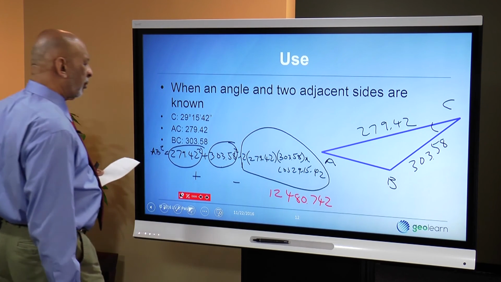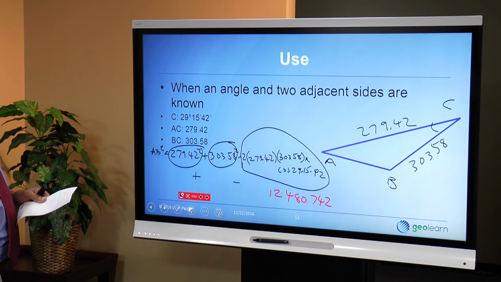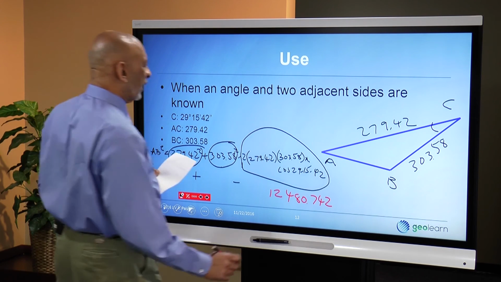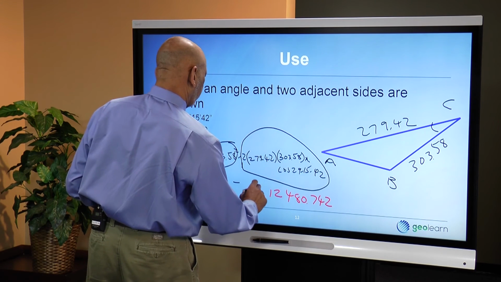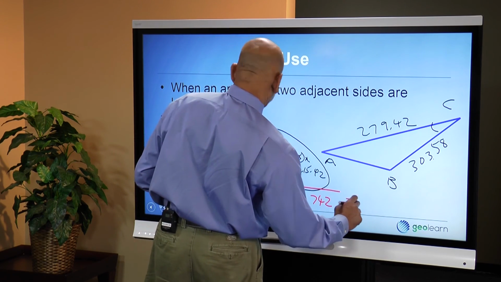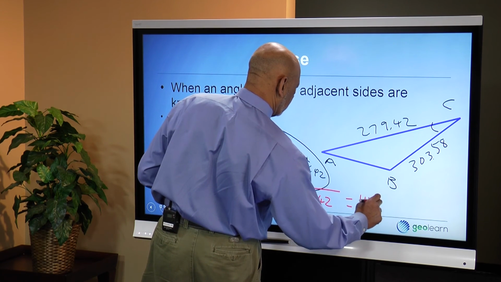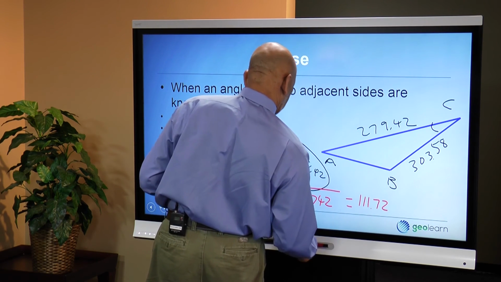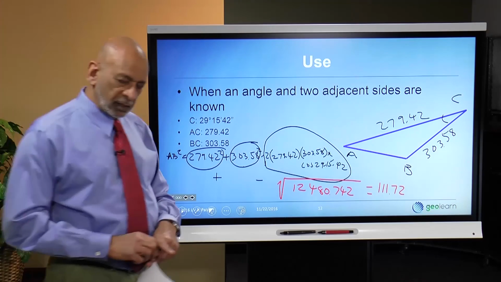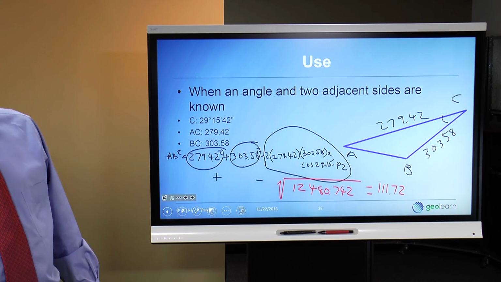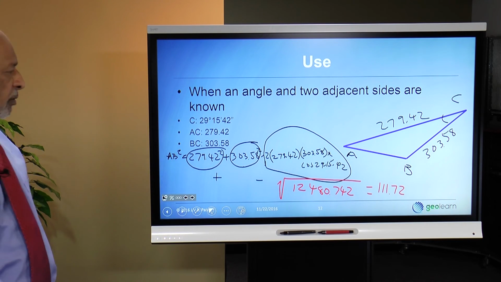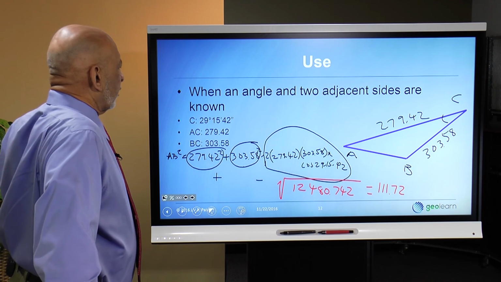I like to carry my intermediate calculations out 1 or 2 decimal places, and then when I take the square root of that, I get side AB, which turns out to be 111.72. And you notice that I didn't use any units, because this could have been in feet, in chains, in meters. It doesn't really matter as long as you have the same units.